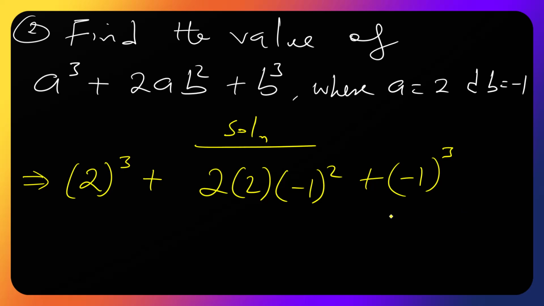So look at the arrangements. This side will be 8. This side will be positive because it has a bracket here, and this side is even. So positive 1, 2 times 2 is 4, so plus 4. This side is odd, so we'll still get negative, so minus 1.